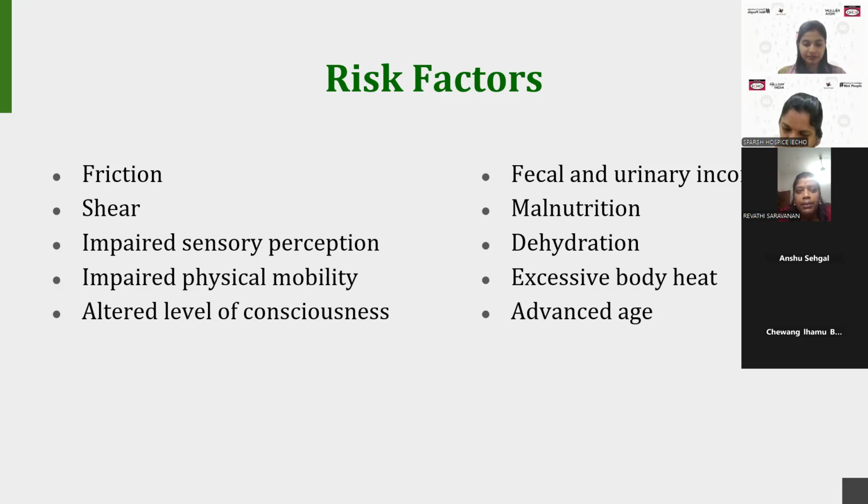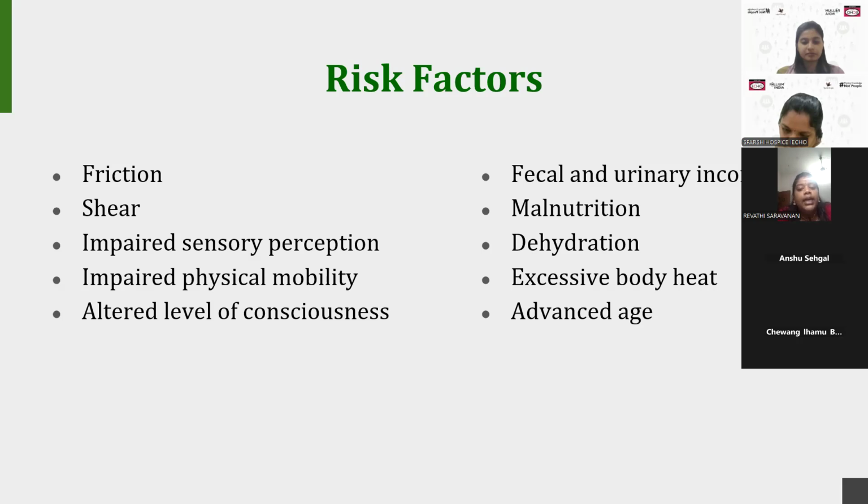A healthy adult can know something is disturbing the skin. Suddenly what will we do? Suddenly change the position, suddenly change the sheet, suddenly change everything.